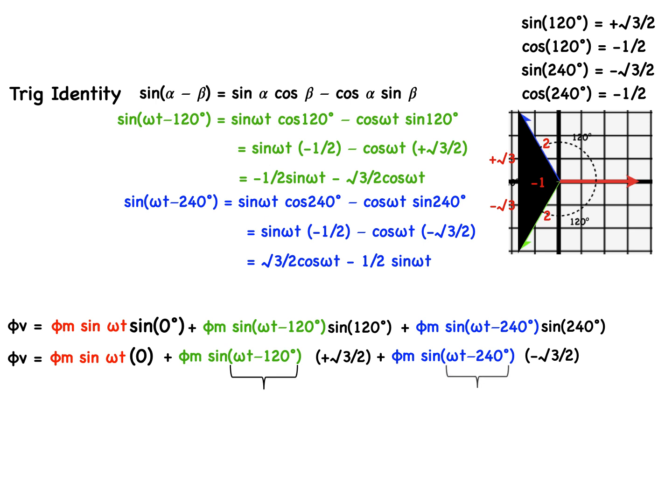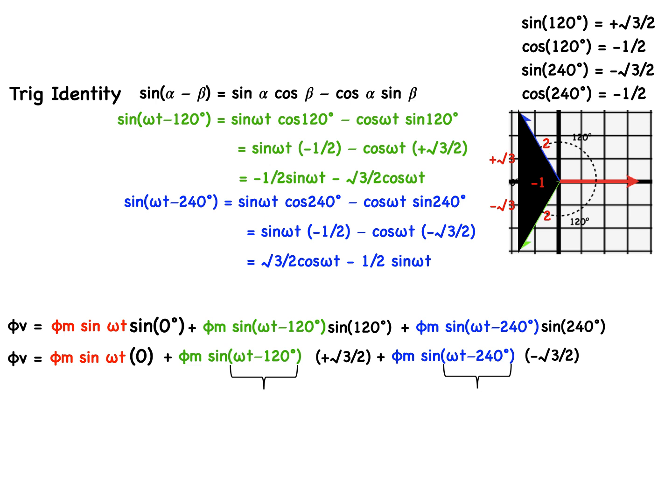Next, I want to get rid of the difference of angles, which I do in the same manner that we did in the previous slide, using the trig identity. Sine alpha minus bravo is equal to sine alpha cos bravo minus cos alpha times sine bravo.